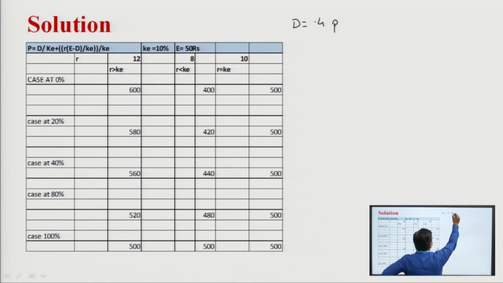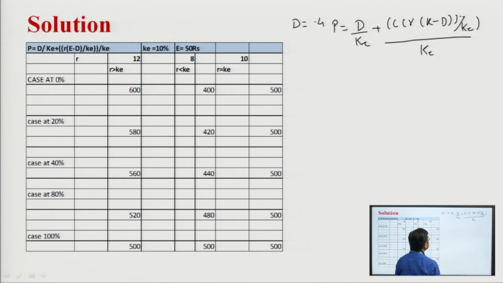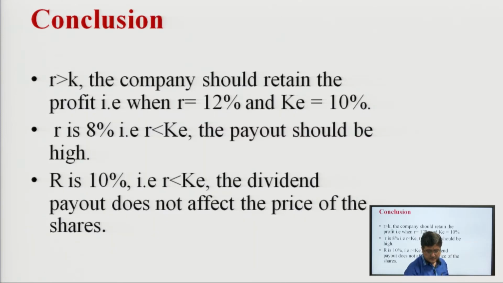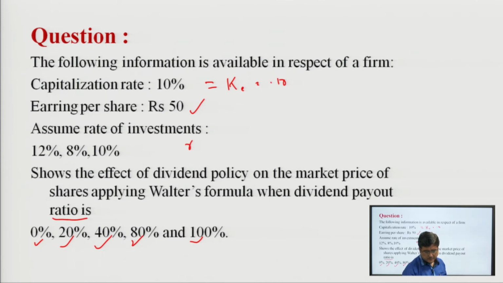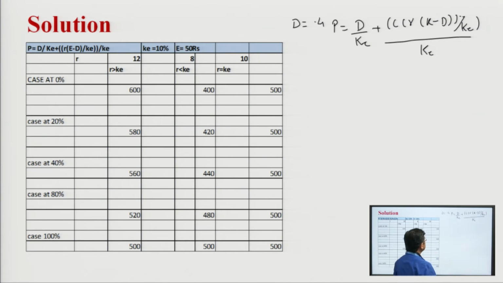Formula: P equals to D divided by K E plus R into E minus D divided by K E, whole divided by K E. So, in this case dividend payout ratio is 40%.